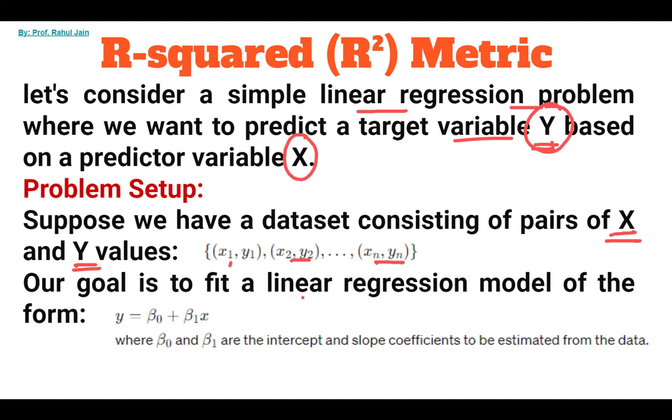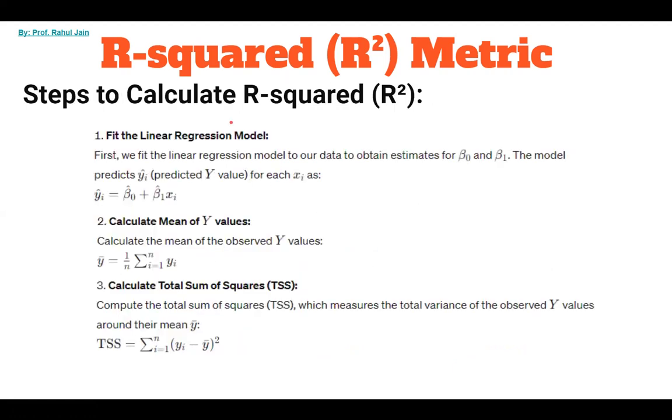Our goal is to fit a linear regression model of the form y equal to beta naught plus beta 1 x, where beta naught and beta 1 are the intercept and slope coefficient estimated from the data, right?